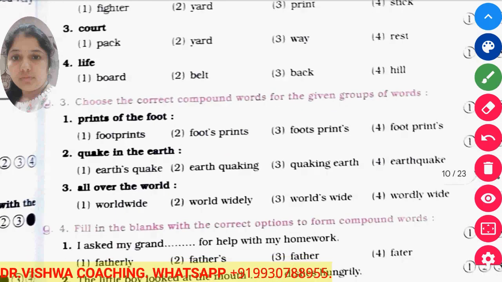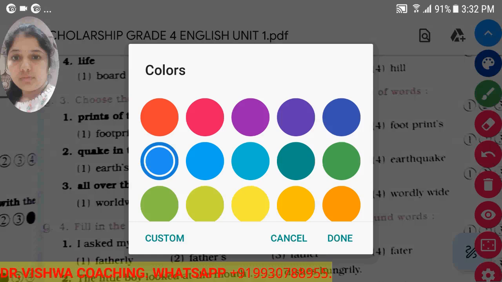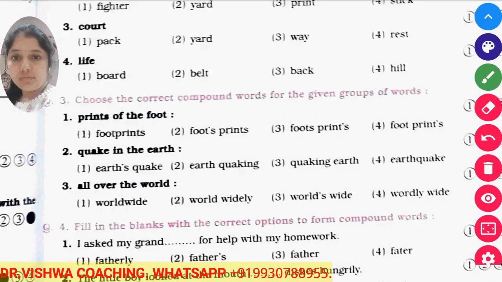Choose the correct compound word for the given group of words. Some group of words is given to you and we have to find the correct compound word for that group of words. The first is prints of the foot, and the given options are footprints in different forms. We always say footprint, but it is written as one word, so the correct option is option number 1 here.